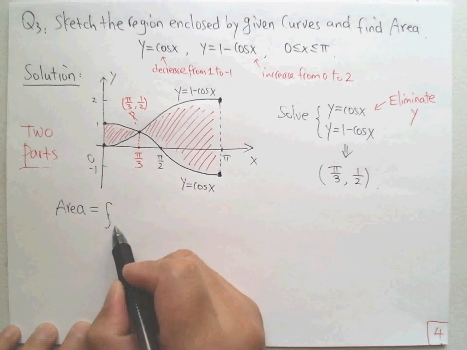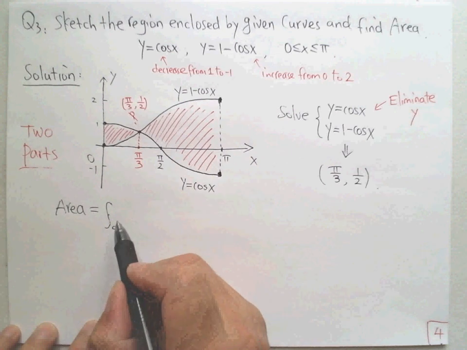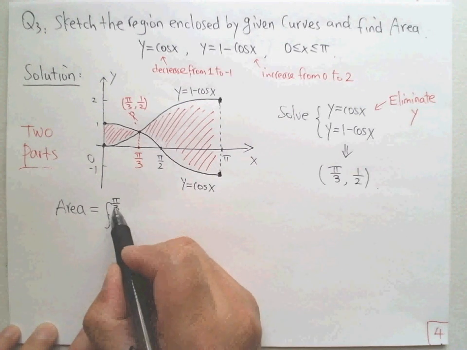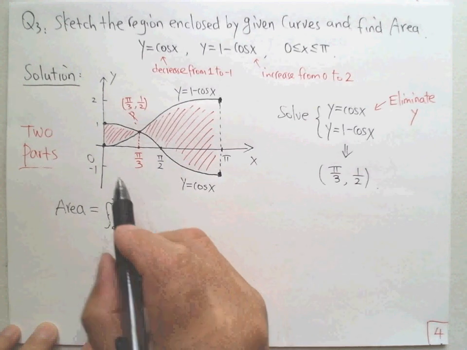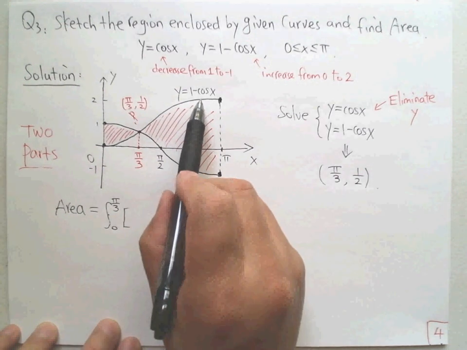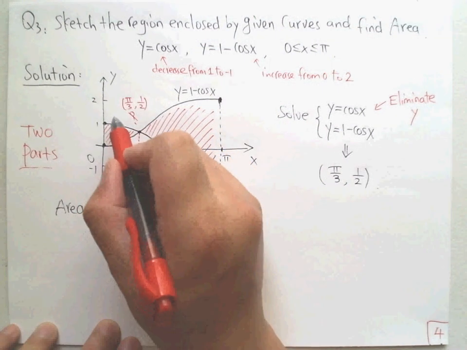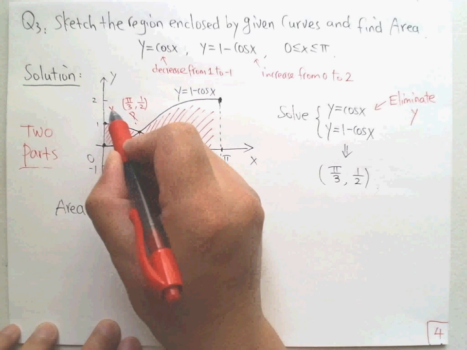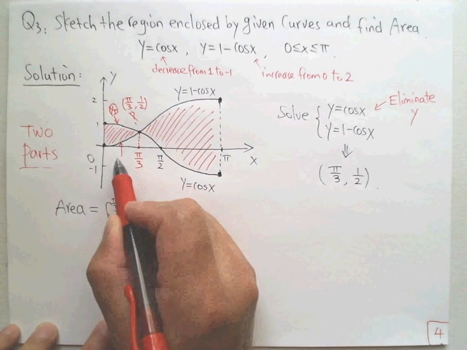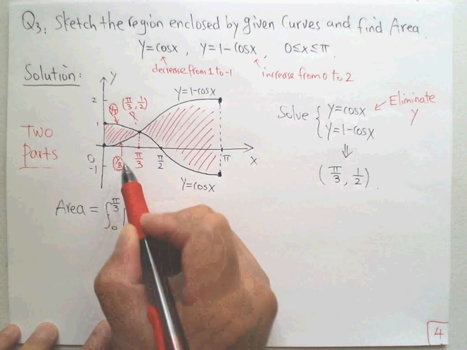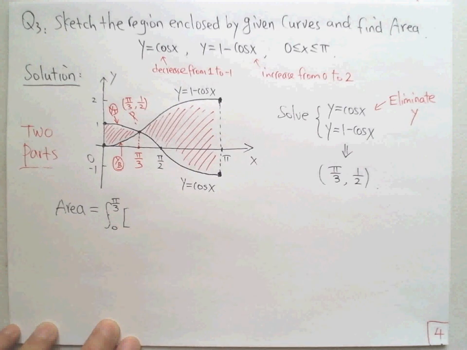Is the area equal to this? For the first part, it's from 0 to pi over 3. Do integration, and what is the top? This time the top is there, and this one is yt, and at the bottom this one is yb for the first part.